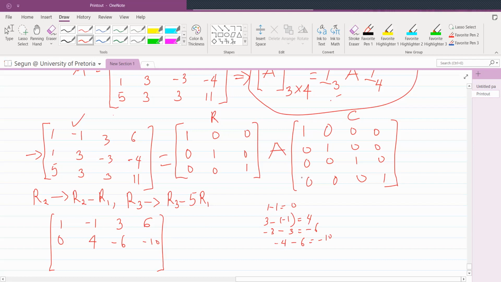Sir, in row 2 column 3, you have minus 3 minus 3. Where do you see minus 3, bro? That row, row 2, right? It's supposed to be minus 3 minus minus 3.